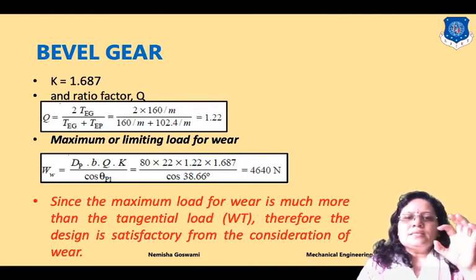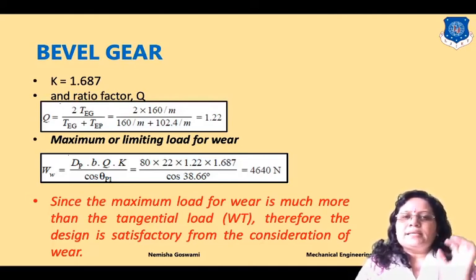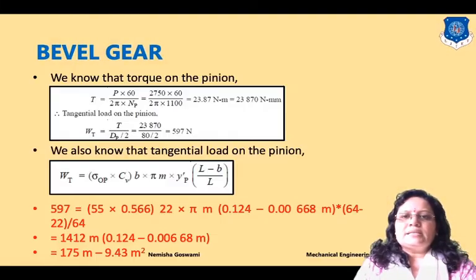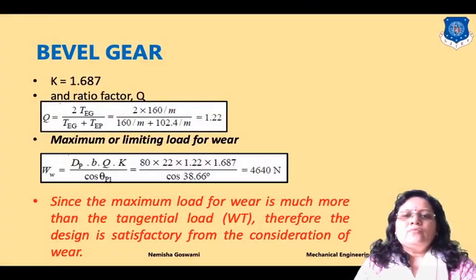So how do we find out whether our design is safe? If this limiting or maximum wear load is more than the tangential load, then your design is safe. So we know the tangential load was 597 Newton. And what we have obtained in the case of wear load is 4640 Newton.